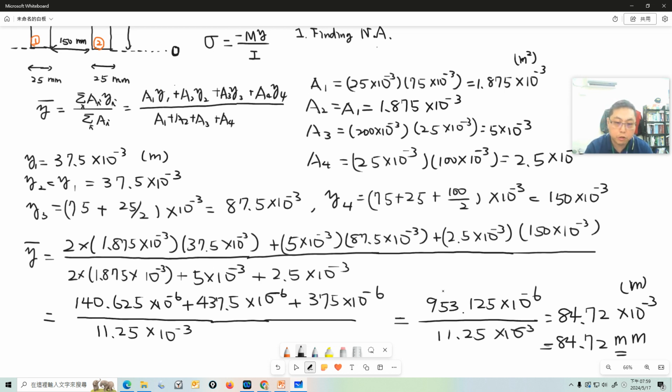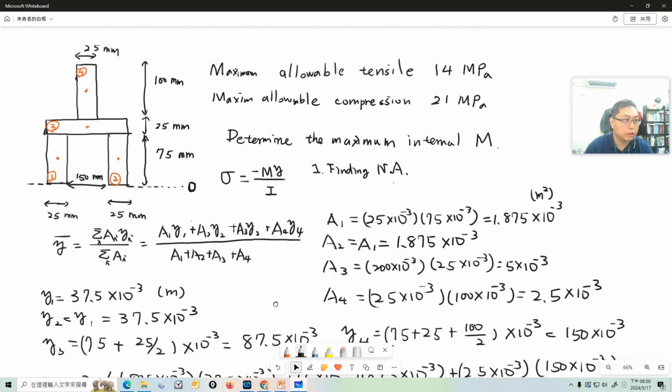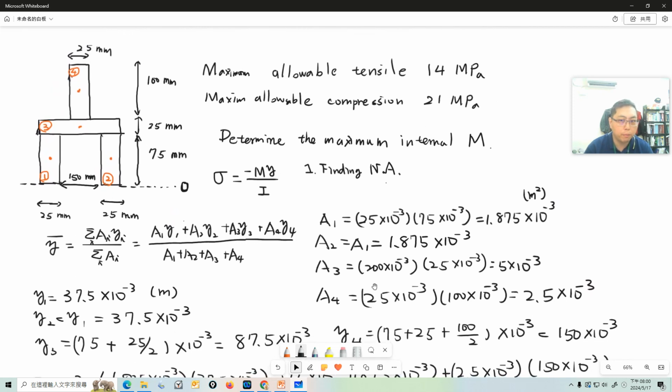So that's the position of the neutral axis, 84.72 millimeter. So where is it? Let's go back to this cross section. Where is 84.72? Here is 75 and here is 25, so here is 100.